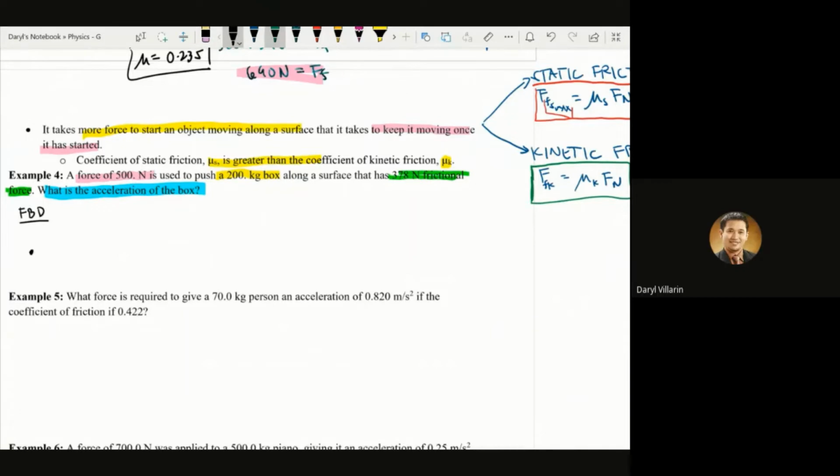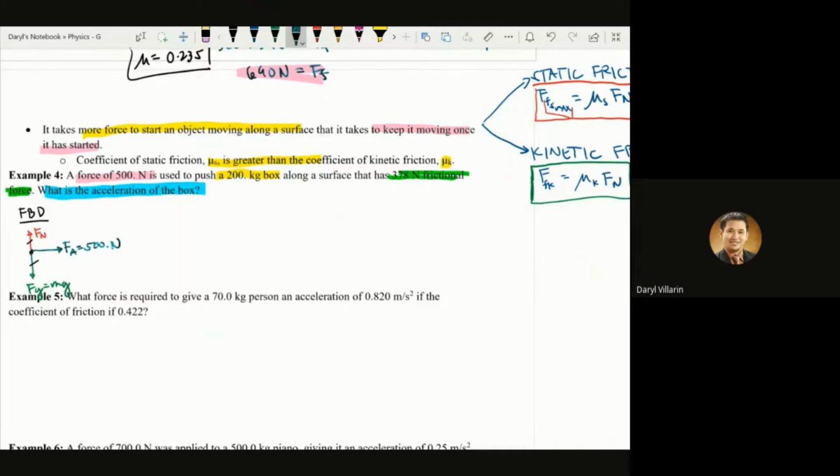If this object is lying horizontally on the surface, I have Fg, the weight of the object, which is the product of mass times the acceleration due to gravity. The normal force: this object is not moving in the vertical direction, so their magnitudes are the same. Then I have an applied force, to the right, which is 500 newtons.